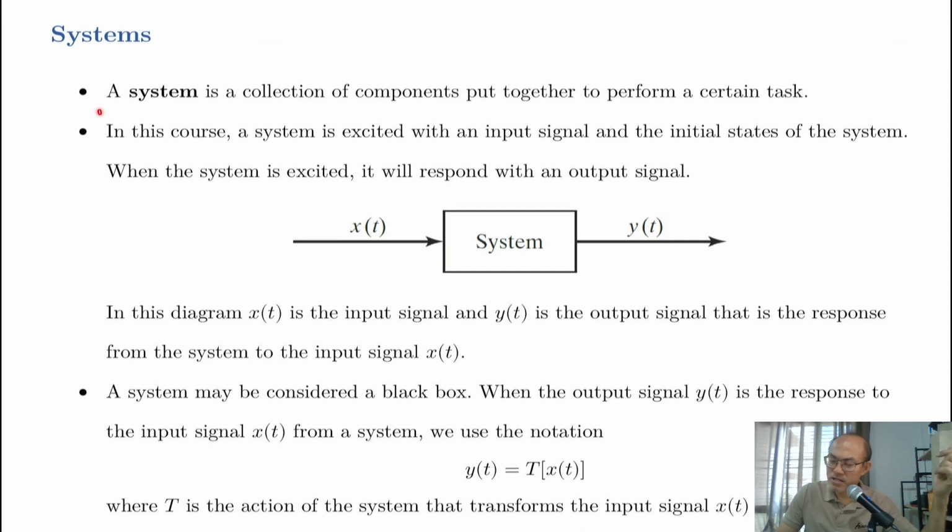Now, a system is a collection of components put together. We put together these components so that it performs a certain task. What it does is that it's gonna take an input signal, and the system will process the input signal, and once it's done processing, it will give out another signal y, which we call an output signal.